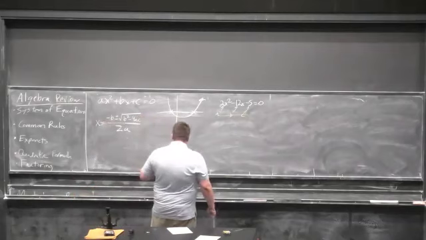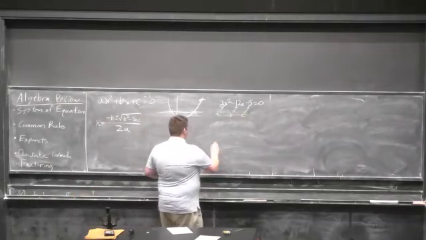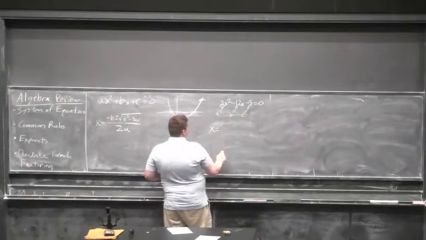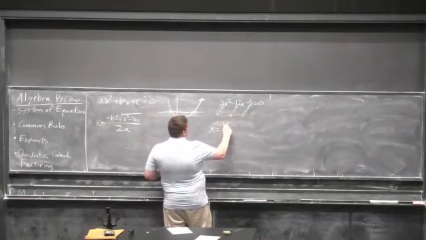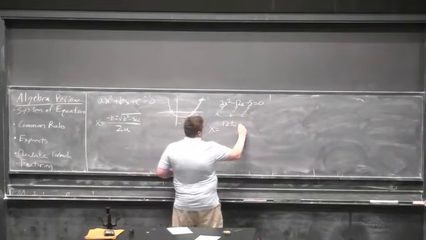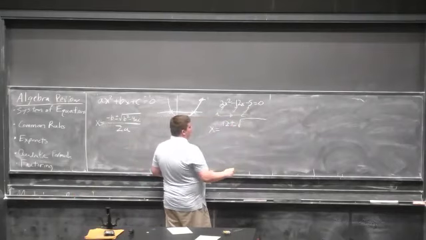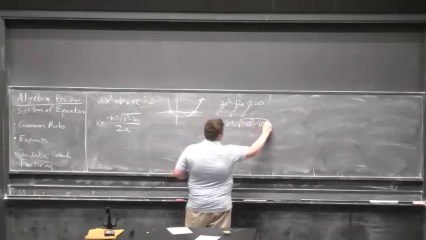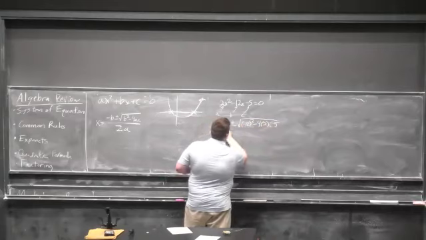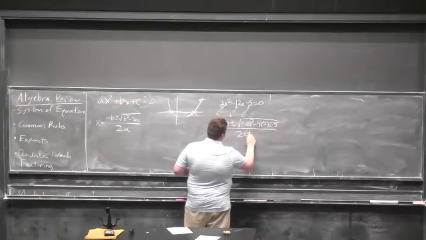We plug this into the quadratic formula, and we get x is equal to negative b. So negative 12 is positive 12, plus or minus the square root, b squared, so negative 12 squared, minus 4a, which is 2, c, which is negative 5, all over 2 times a, which is 2.